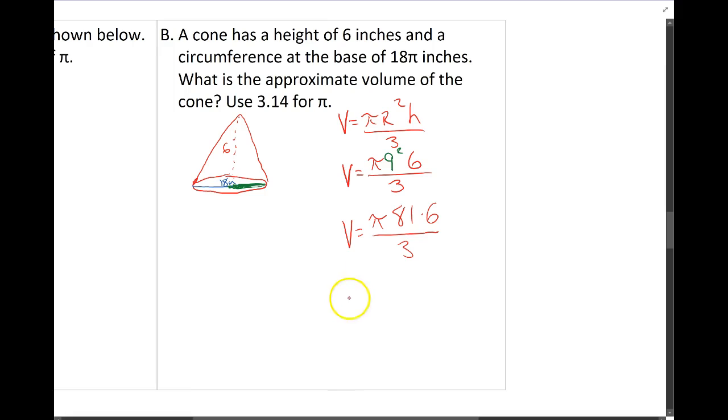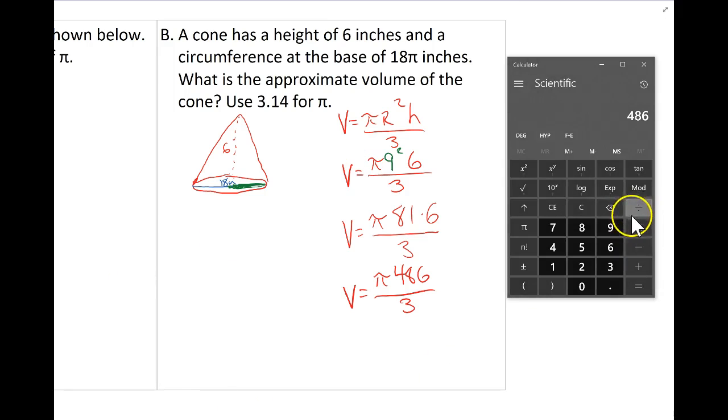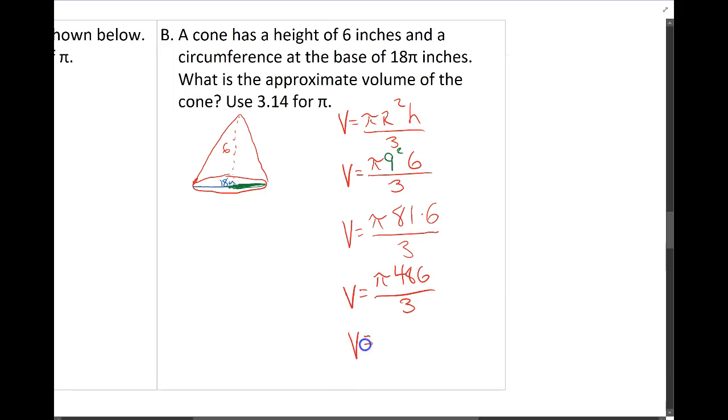So I say V is equal to pi times 486, all divided by 3. So I go in and I say, well, what's 486 divided by 3? It is 162. So the volume of this is 162 pi.